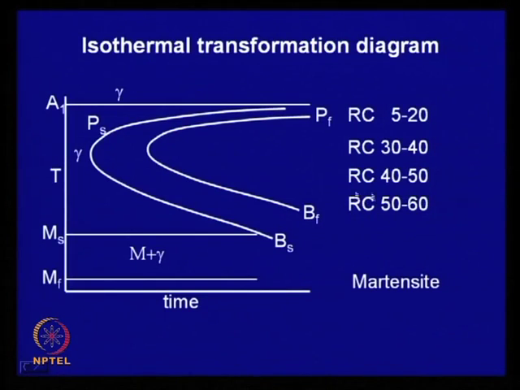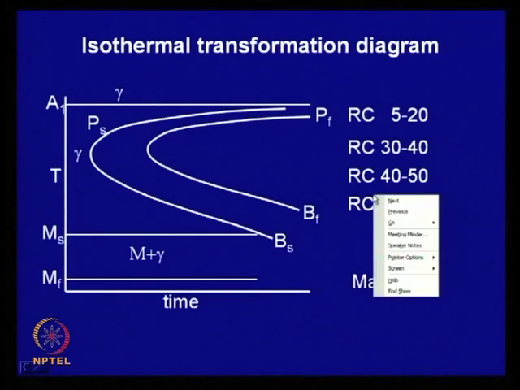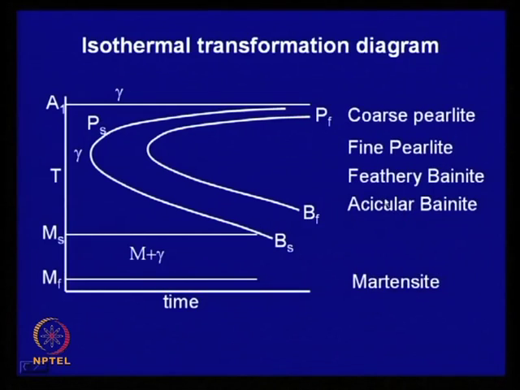That is what happens in this particular case, and this type of structure is called bainite, and in bainite you have two classifications. The previous one, which is closer to pearlitic structure, we call feathery bainite.